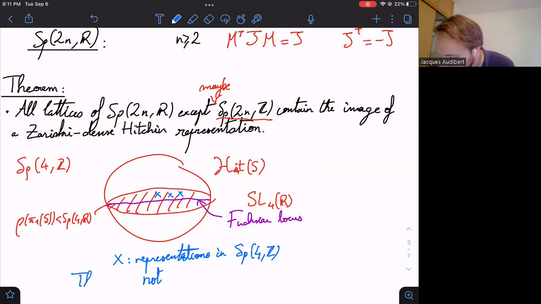So there is no representation in SP4Z in the Fuchsian locus.